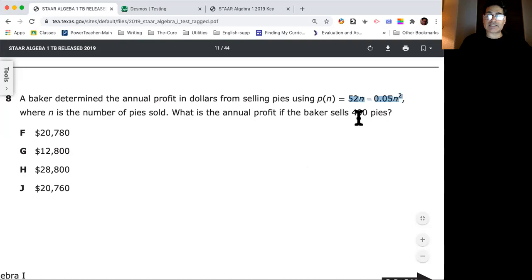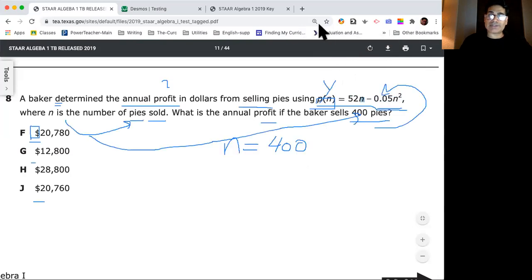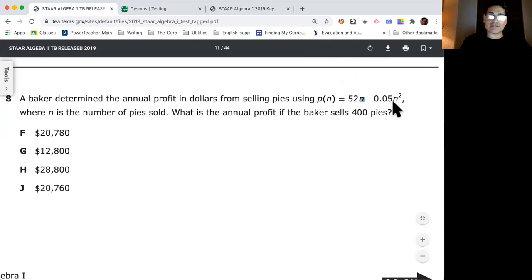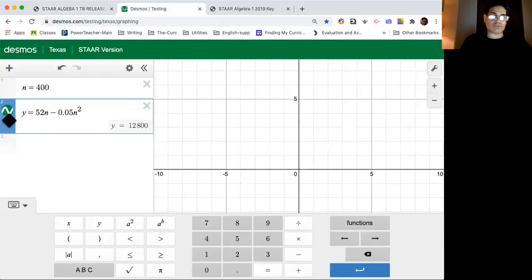Well, it's not exactly 400 pies. It's 400 times all of this stuff. The 52 is probably the 52 weeks, and this is probably a certain amount done per week, and then you multiply those out. But the point is, N equals 400, and you plug that in. Desmos rapidly does the math to give you the number.